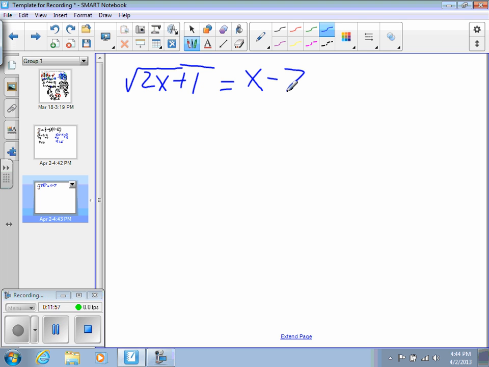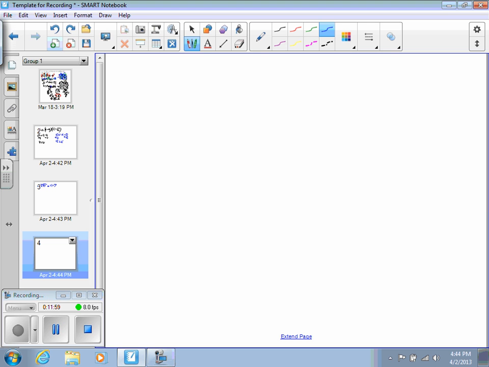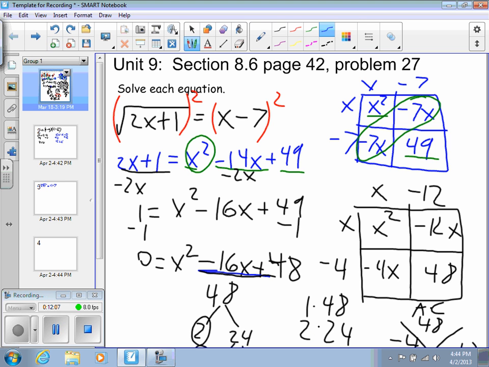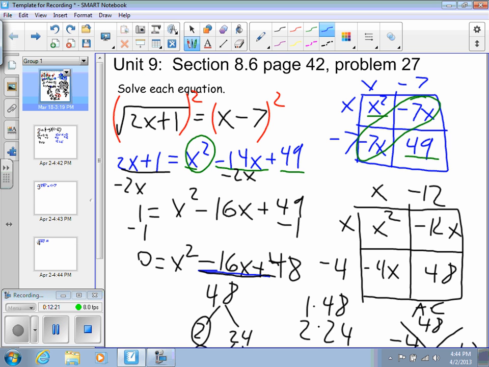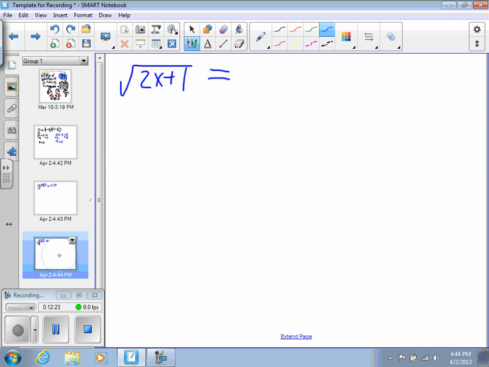And then I'm going to create another page. I'll just recopy it. So on this other page, same thing. The square root of 2x plus 1 equals x minus 7. And this will allow me to do my two checks.